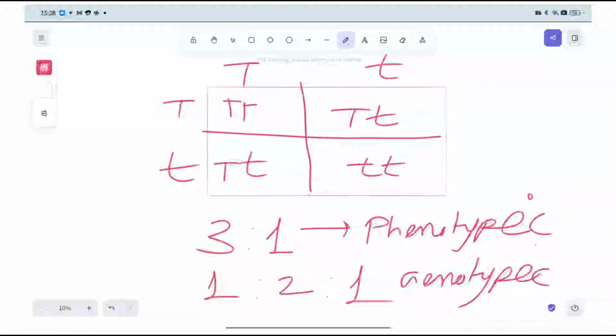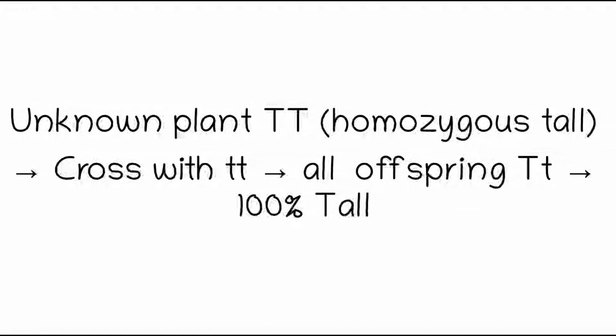And what is a test cross? A test cross is a special type of cross where the unknown genotype of a dominant phenotype plant is tested. Like the unknown plant is capital T, and it shows tallness.